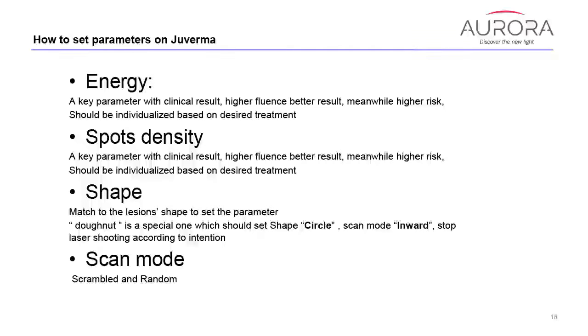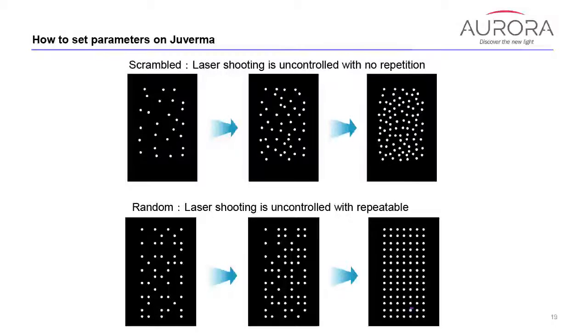Spouse laser shooting according to your intention. And another part is the scan mode, for example, scramble and random. The scramble is the laser shooting uncontrolled and no repetition for the same area, even if you shoot many times. The random is a laser shooting under control and repeated for the same areas when you shoot again.